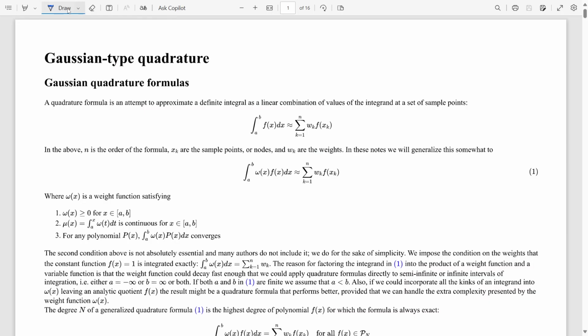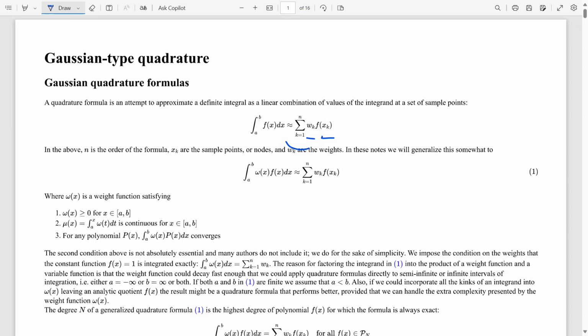A quadrature formula approximates a definite integral as a sum over the n nodes, xk, where n is the order of the formula, of the functional values at the nodes, times some weights wk.